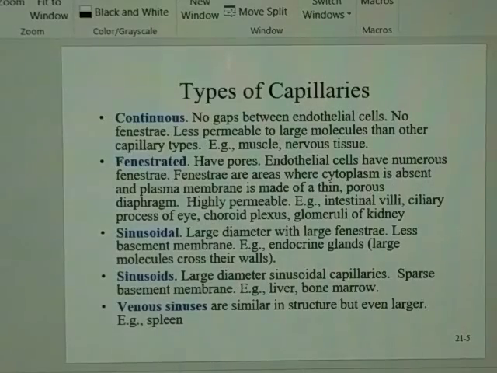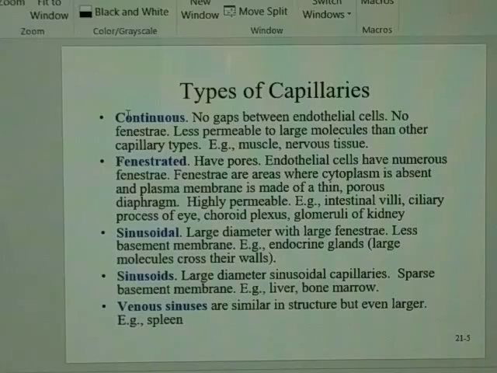The types of capillaries that we have are going to be termed continuous, fenestrated, sinusoidal, sinusoids, or venous sinuses. So they're basically classified on their diameter and their permeability.